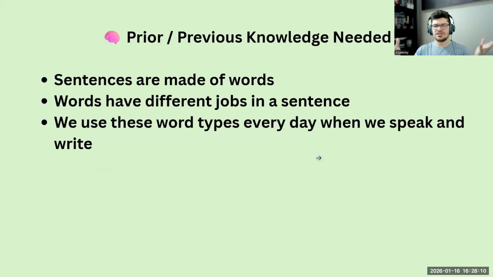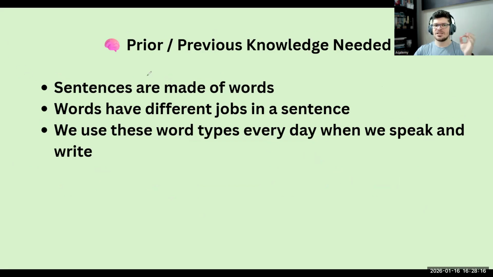Before we start, it is important to understand that sentences are made of words, different types of words: verb, adjective, noun, depending on the situation. These words have specific functions. It has specific understanding.